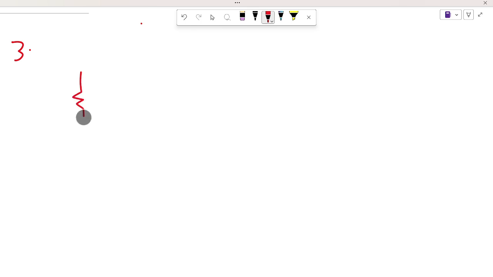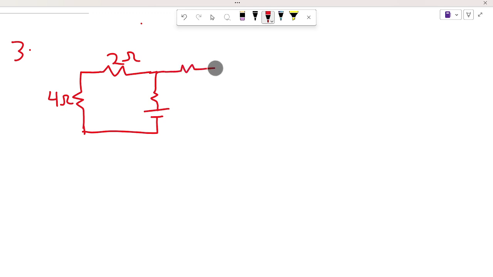We have a 4 ohm resistor, we have a 2 ohm resistor, and we have another 2 ohm resistor here, and another 2 ohm resistor here, and we have a 1 ohm resistor at this point. Here we are to find the total resistance present.